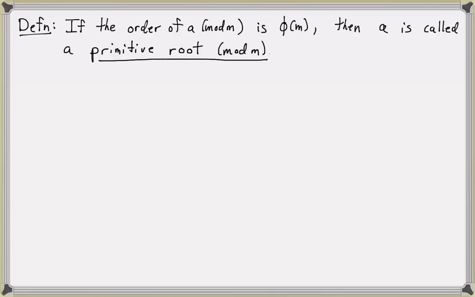So using this terminology, we see that 2 is a primitive root mod 13 because the order of 2 is phi of 13. So the idea is that a to the power phi of m is congruent to 1 mod m, and no smaller power works.